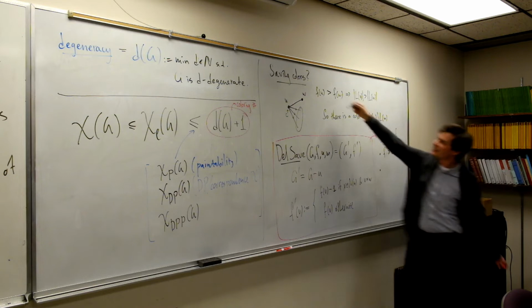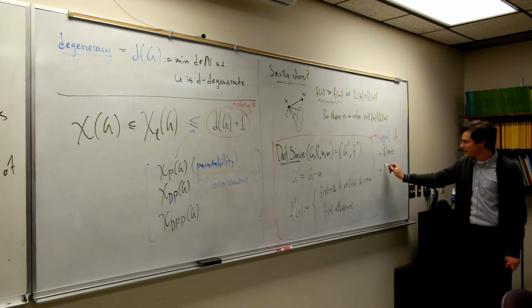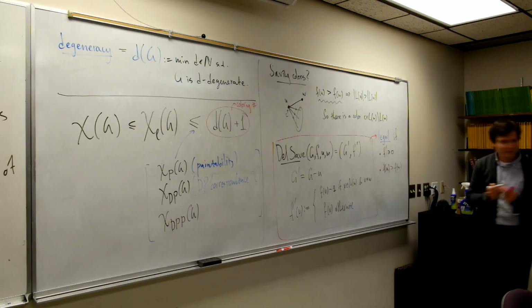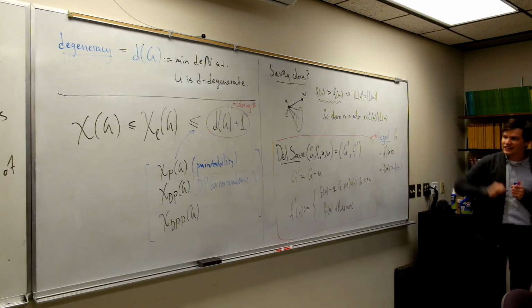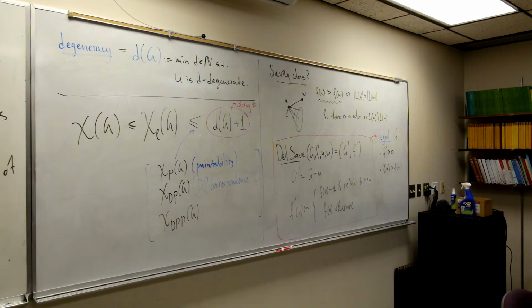But secondly, this condition has to be fulfilled: f of u has to be strictly greater than f of w. That's the requirement. If that happens, we can do this, and continue the process in this way.